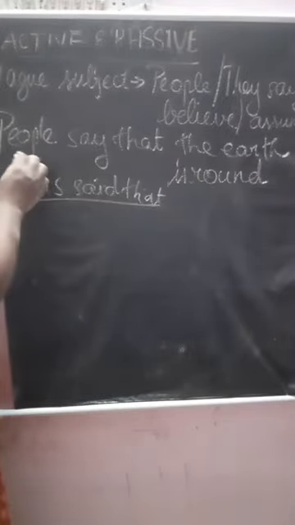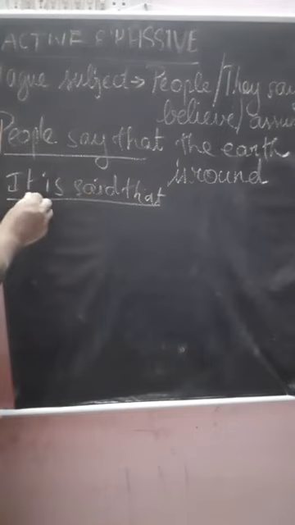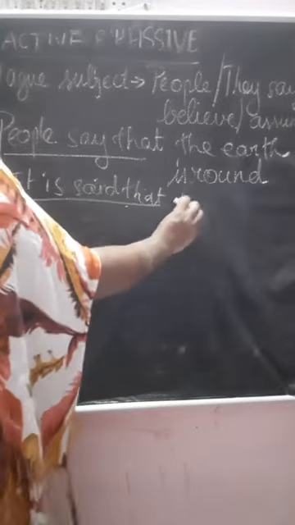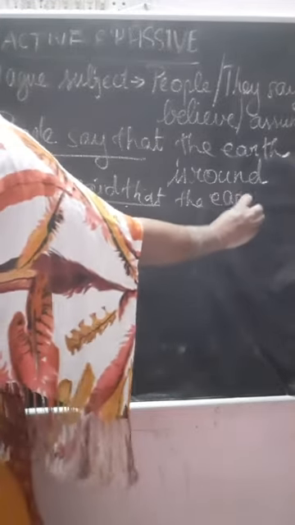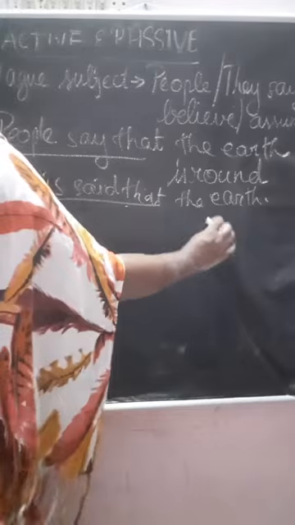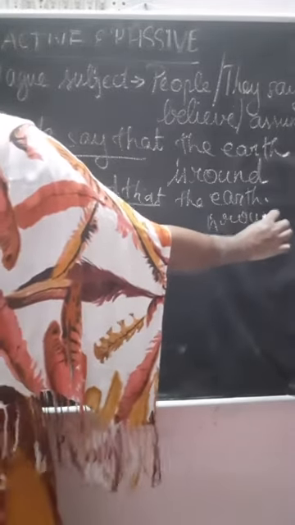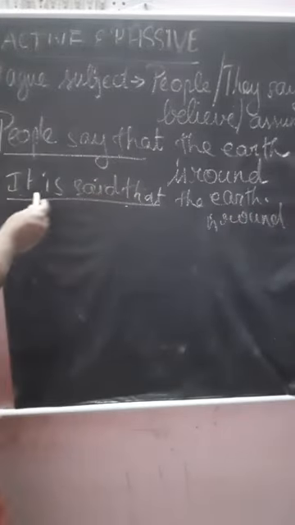Only the part "people say that" is changed into "it is said that". It always starts with "it is said that the earth is round". The second part stays as it is. Okay.